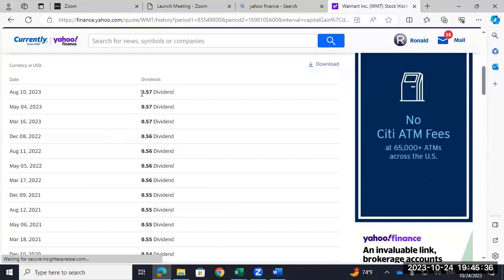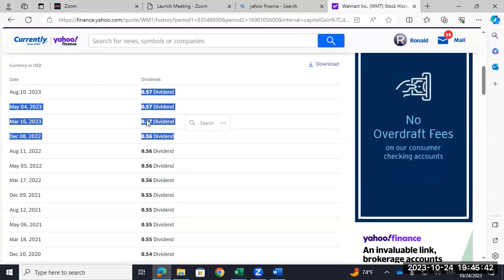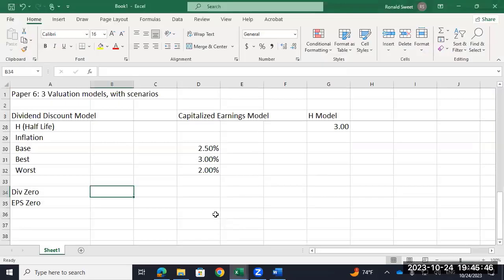And so dividend zero is the last 12 months of dividends. So for them, that's $2.27. Use that for the dividend discount model and for the H model.